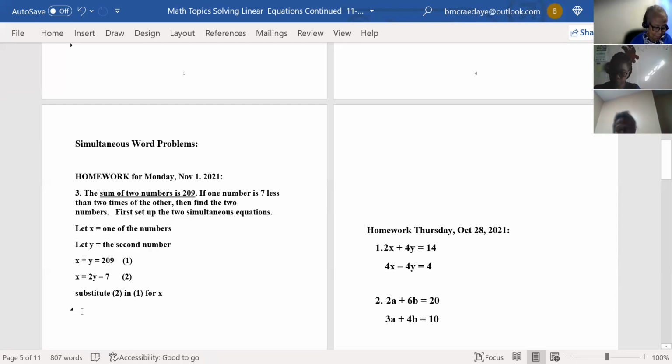Let's just copy it. Since x is 2y minus 7, let's just put 2y minus 7 here. 2y minus 7. Now what do we do?